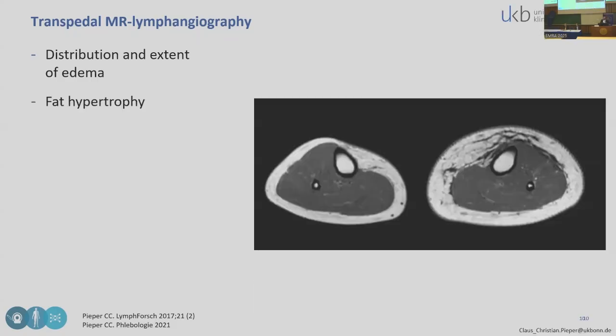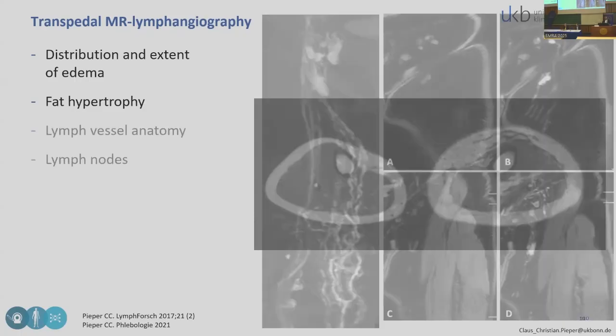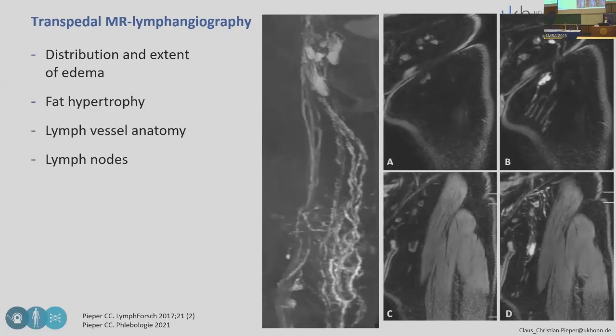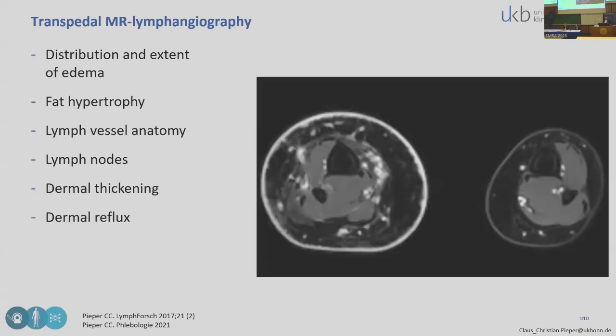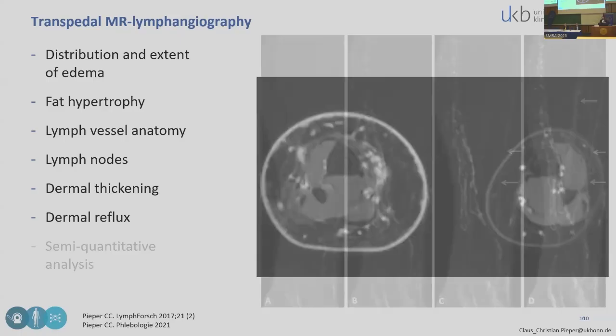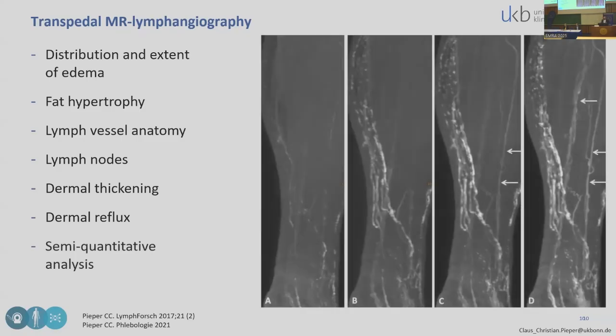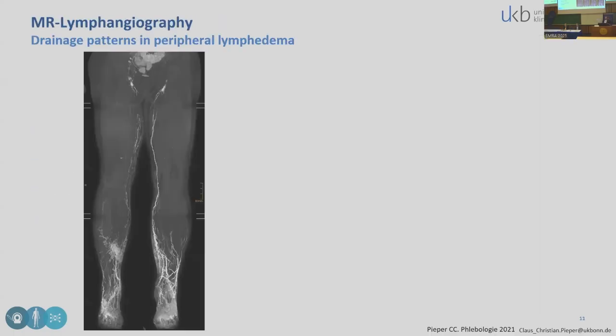The changes in the fatty tissue are important, and then with contrast agent we can assess lymph vessel anatomy, lymph node anatomy, as well as changes in the dermis, dermal reflux as a sign of a runoff problem with reflux from lymph from the draining system back into the dermal system. And you can also at least perform a semi-quantitative analysis by doing dynamic scans.